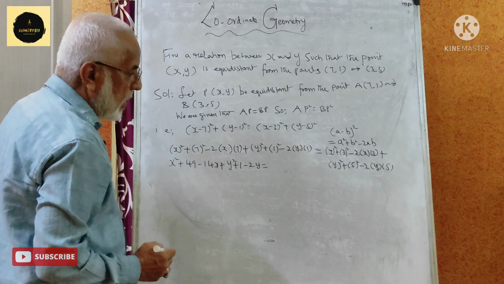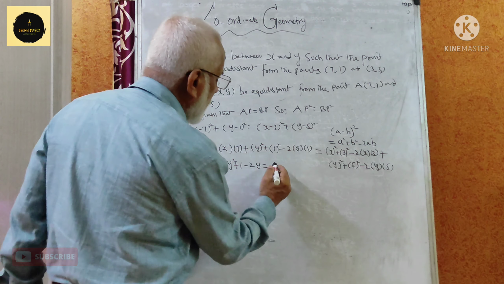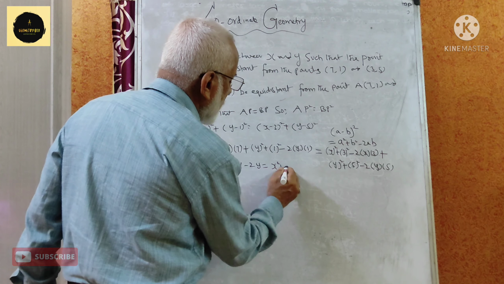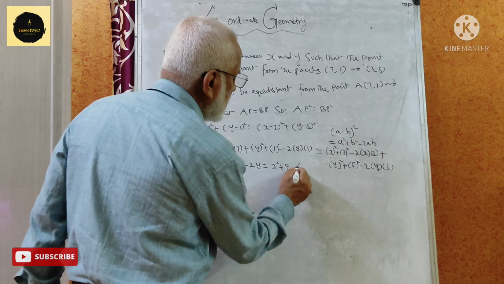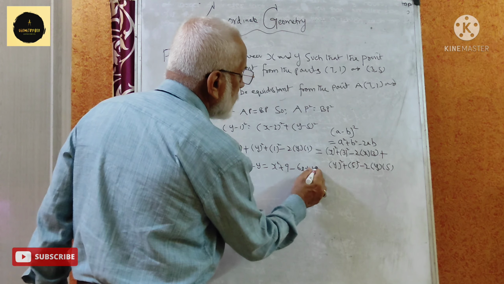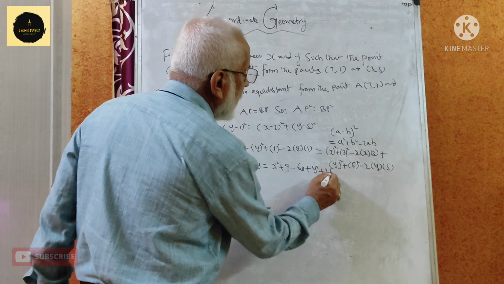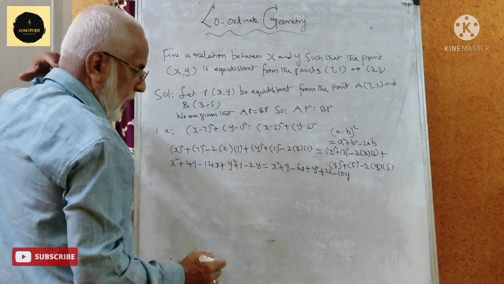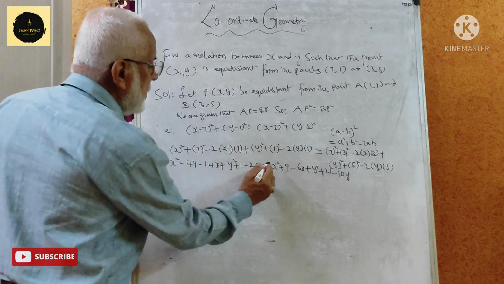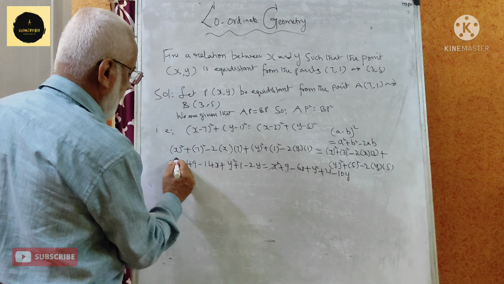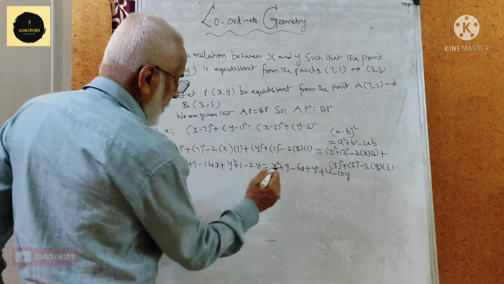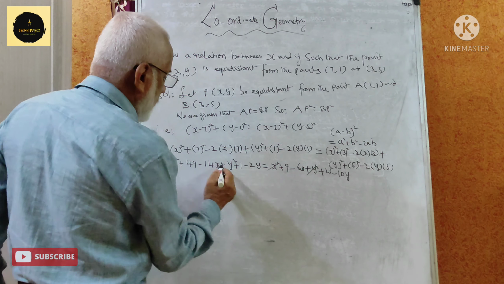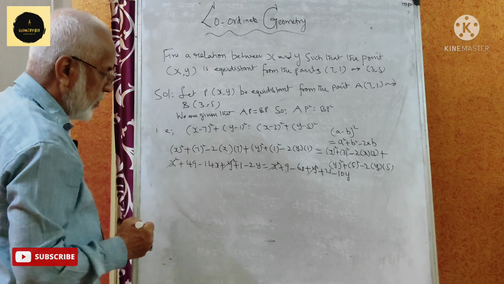This is the left hand side. Come to the right hand side. x whole square means x square, 3 square means 9, minus 6x, plus y square plus 25 minus 10y, because 2 5s are 10, 10 into y is 10y. On both sides x square cancels, and on both sides y square cancels, because they are common on both sides.